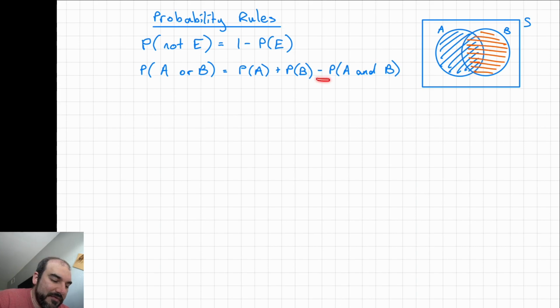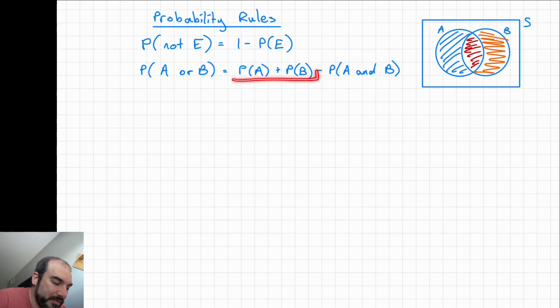So the reason why we have this minus out here is because we want to subtract one of these, either the orange or the blue highlighted area, so that we don't count it twice. We only count it once. So we'll have all of this orange space added and all of this blue space added, and then we would have also added this space once, so that we get a total that doesn't overcount anything.